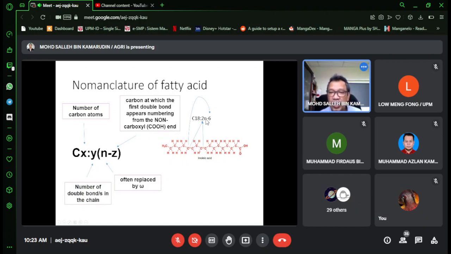And then it has 2 double bonds, and N6 is where the first double bond appears from the non-carboxyl end. So you have to calculate from here: 1, 2, 3, 4, 5, 6. So it's number 6 there. So that's how the nomenclature of fatty acids works, for each fatty acid.